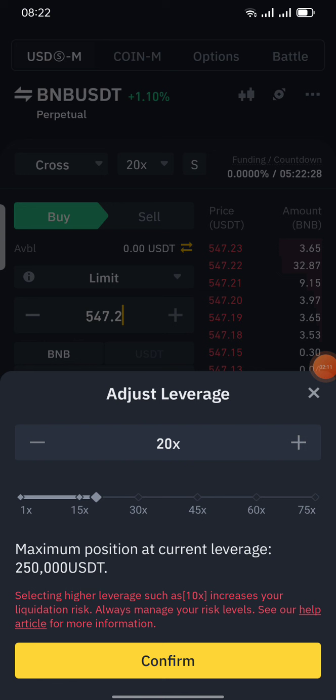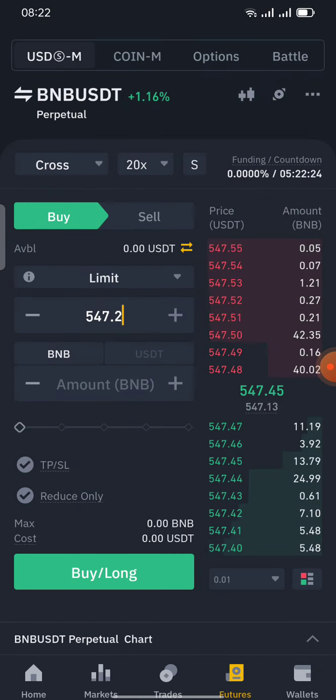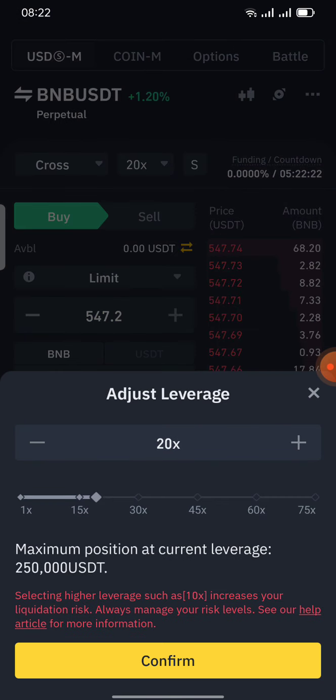So here you can choose your leverage, how much you want to put. You can put up to 75x. So this means that the liquidation risk also increases, and the risk level all increases.